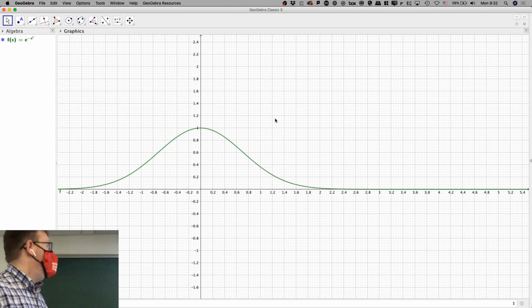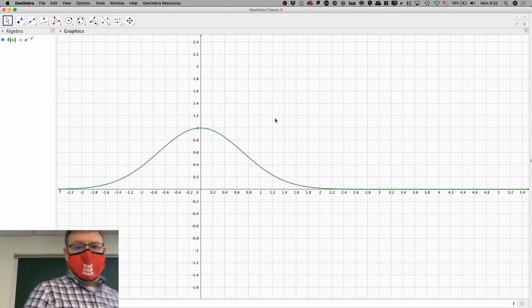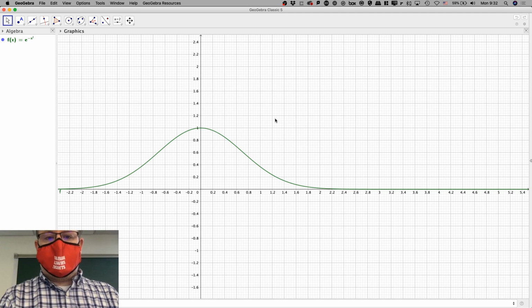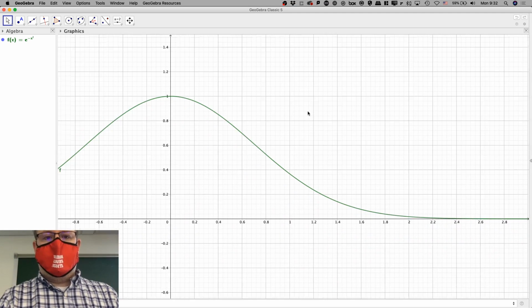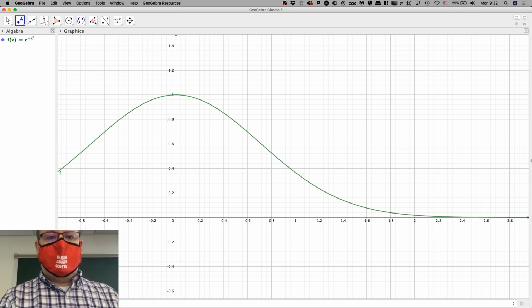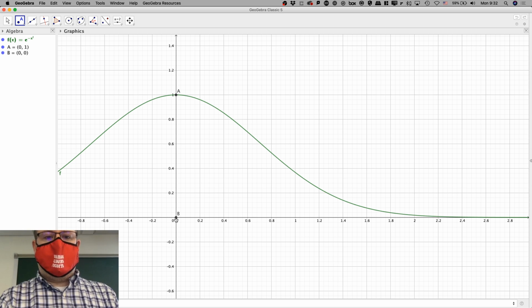So here's my curve, right? And why we're going to call this the trapezoid rule, let me zoom in just a little bit more. Okay, so first off, let me draw a left-handed rectangle.